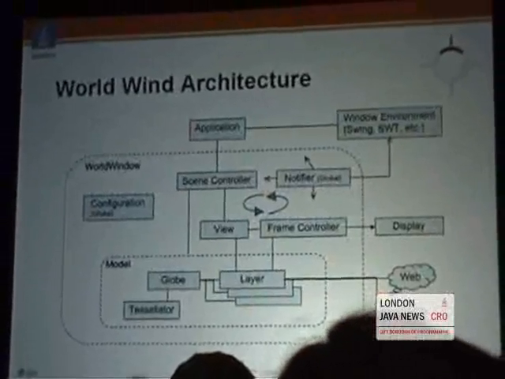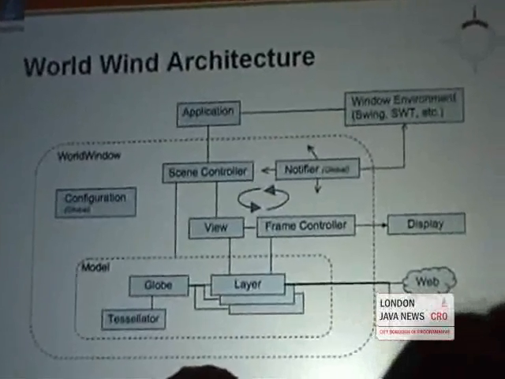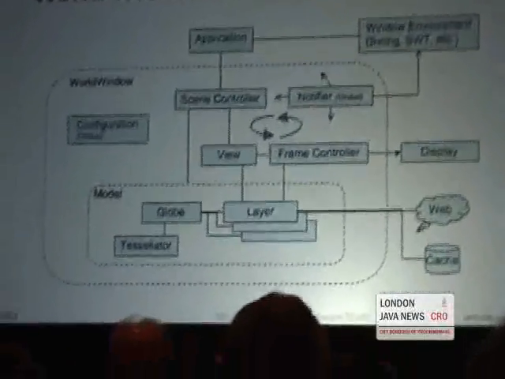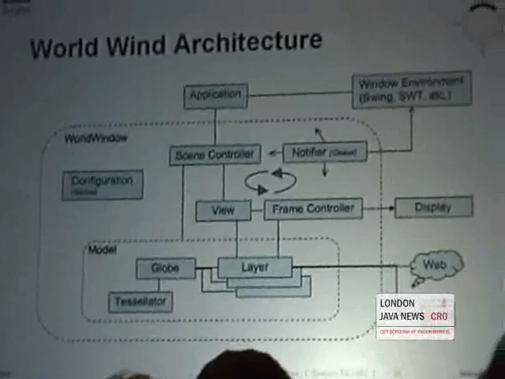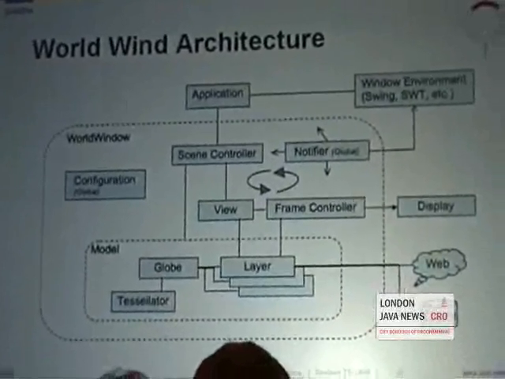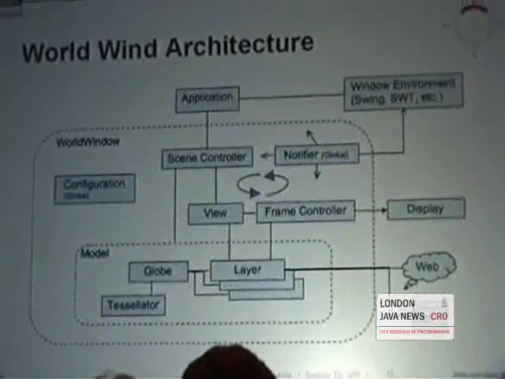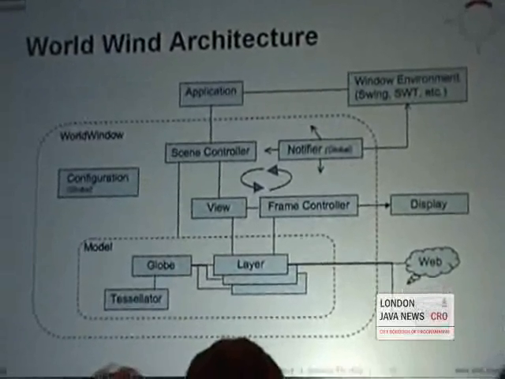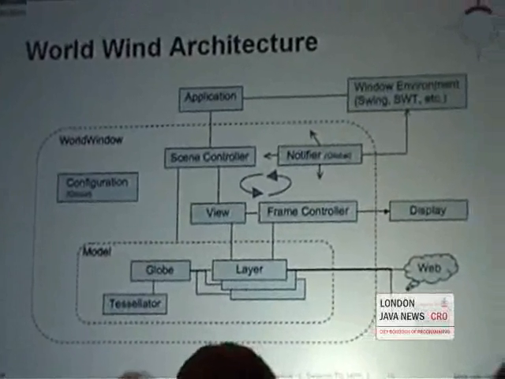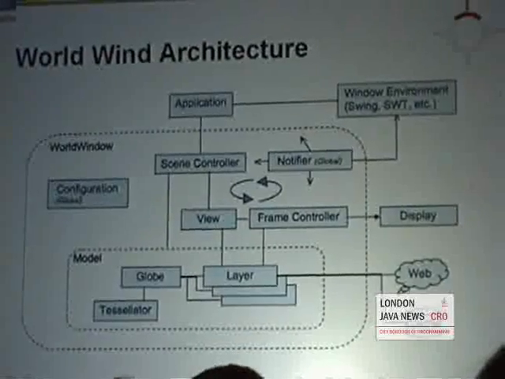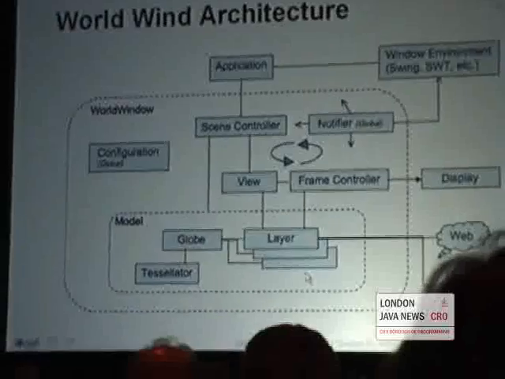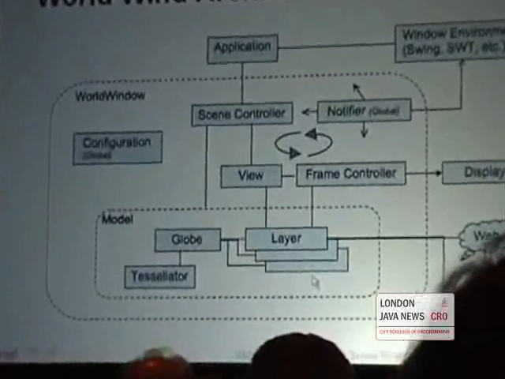Okay, so let's talk about the architecture. This is the overall architecture of how WorldWind fits into an application. WorldWind is a small number of replaceable components. All these little blue boxes, even the application, is a replaceable component.